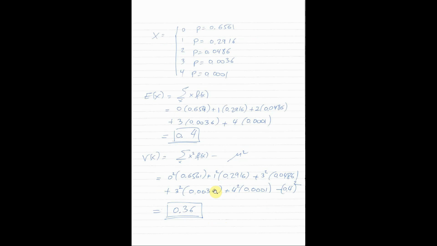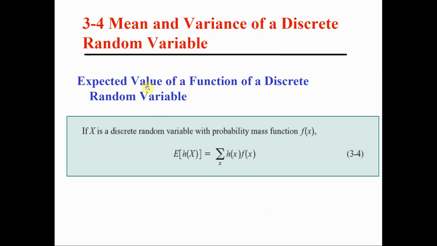We can put all this together in this concept, the expected value of a function of a discrete random variable. So not the expected of the variable itself, the expected of any general function of the random variable. So x is a random variable that has a probability mass function f of x. So this f of x represents the probabilities. What we want is the expected value of h of x.